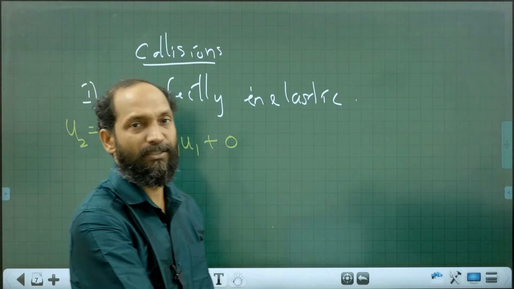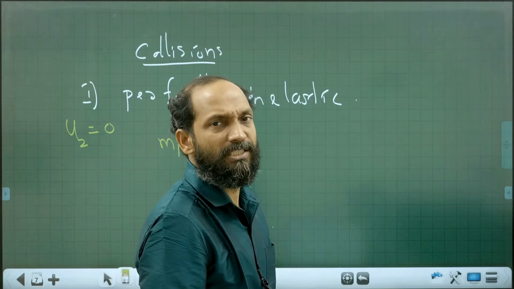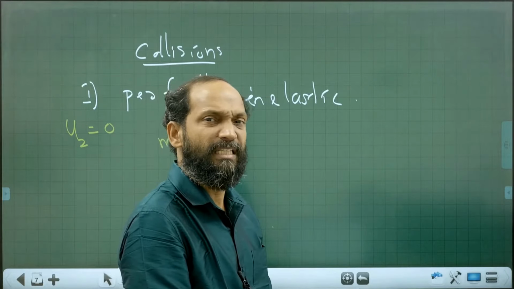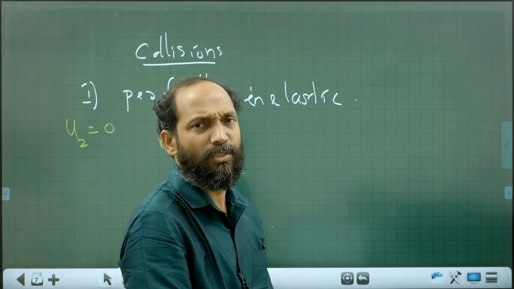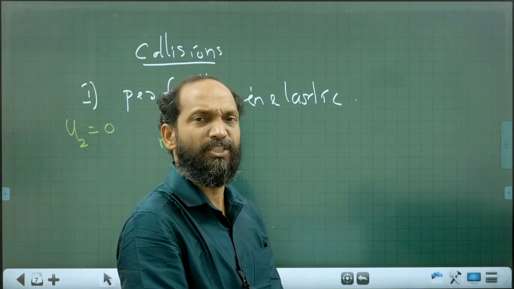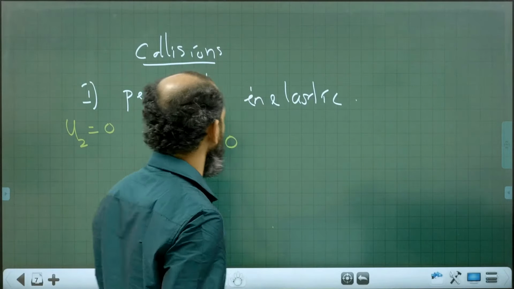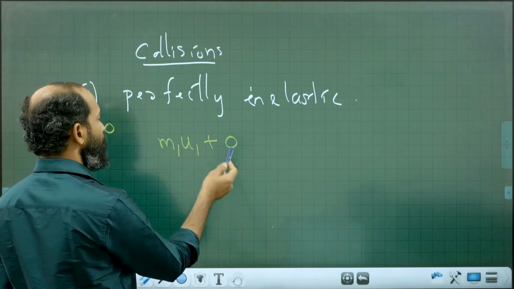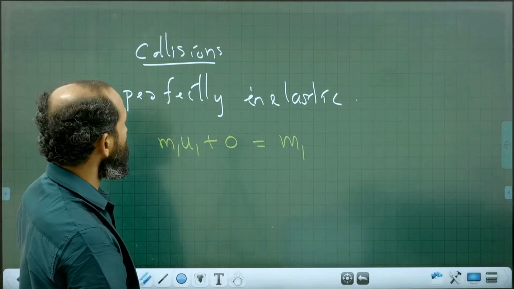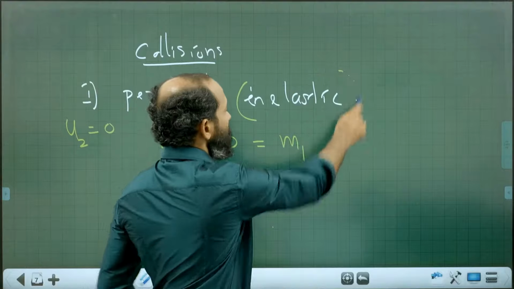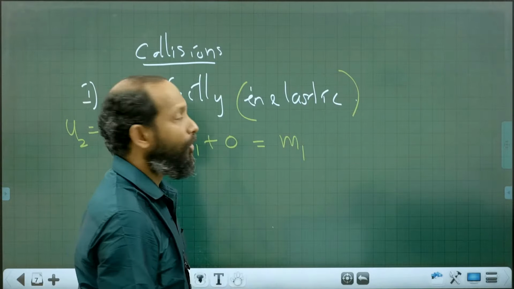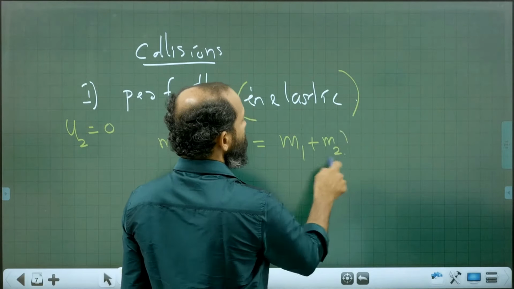Momentum is conserved in every collision, because in collisions the forces involved are only internal, no external forces. So in any collision, total momentum before is equal to total momentum after. It is not the momentum of individual particles, but the total momentum that is conserved. In a perfectly inelastic collision, the colliding bodies move together with a common velocity, so the total mass is clubbed together.